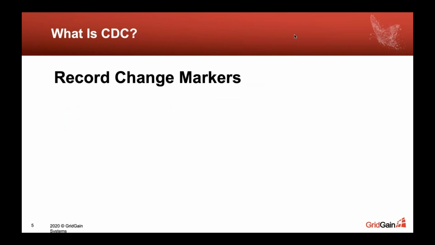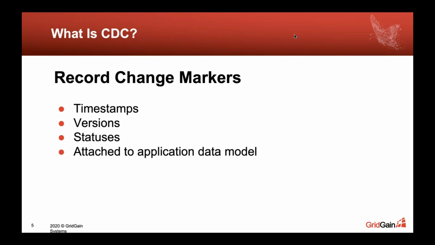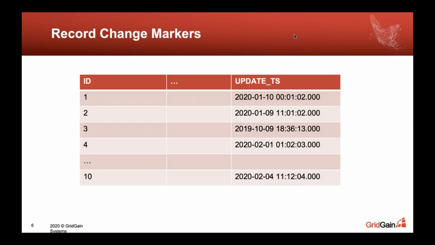First of all, is a concept which I called record change markers. Essentially, a record change marker is maybe a timestamp, maybe a version, maybe a status, or something else, which you can attach to your application data model. Let's check an example. Here we have a table which has several rows.